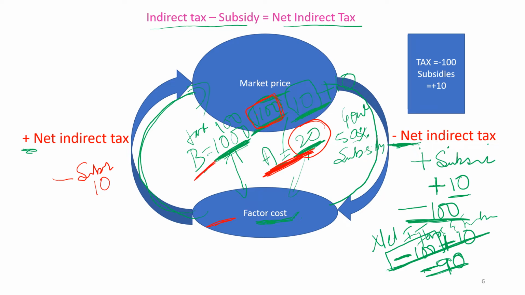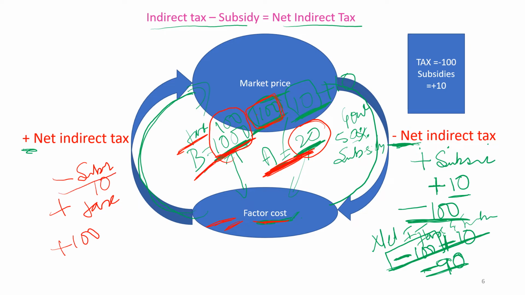At the same time, the B product in the market is available at how much? 1100. But what is the factor cost? Only 1000 rupees. If we add tax to this factor cost, then it becomes 1100. That means add tax. So what is the tax? Plus 100.